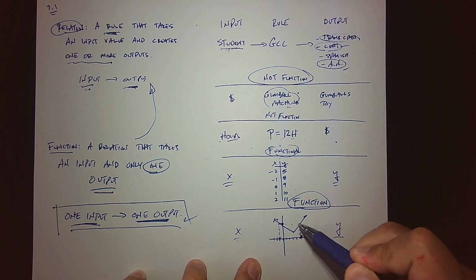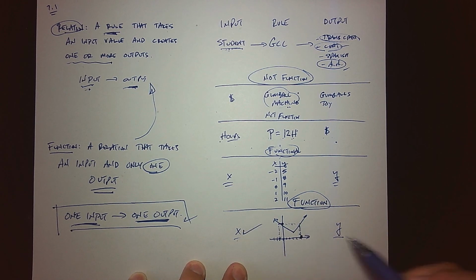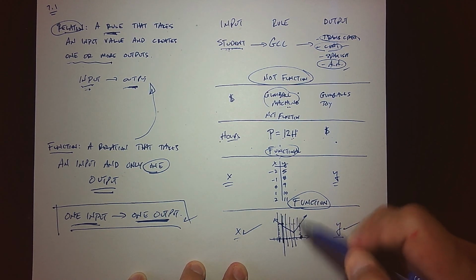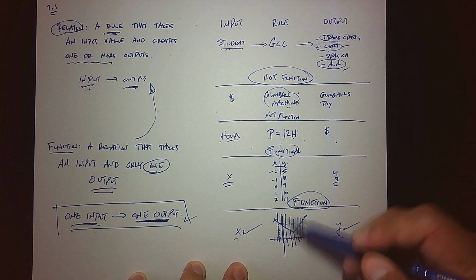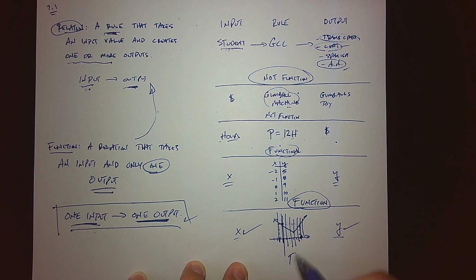But this x value also has the same y value, but that's okay, right? 1x in, 1y out. And it very famously passes what we call the vertical line test. Every vertical line crosses that graph exactly once, which basically tells us that 1x creates 1y. So this is a function.